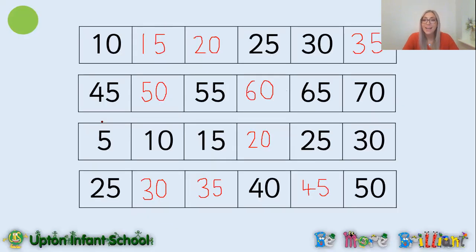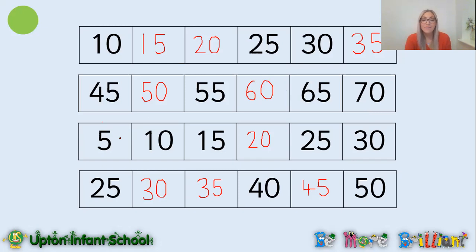Okay, and now we are ready to go through our answers. So if you had a go at the green challenge, the answers are on the board. So it should go 10, 15, 20, 25, 30, 35. Next one, 45, 50, 55, 60, 65, 70.